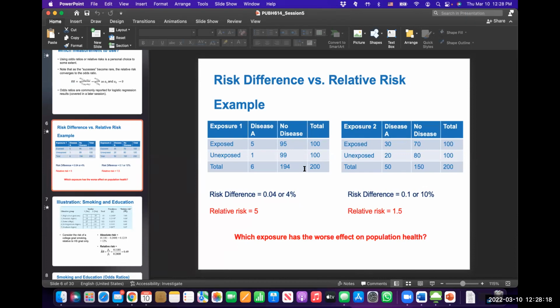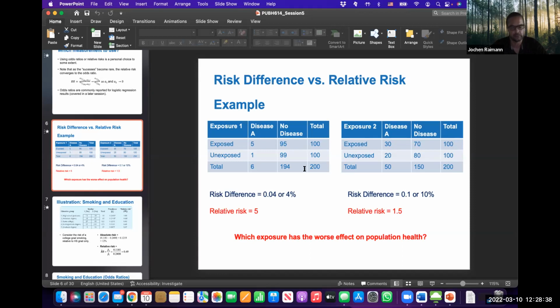And not the 1.5. So the greater the risk in terms of magnitude, the greater the effect, the adverse effect on population health. So if it's closer to 1, this risk is essentially less deviating, less different in magnitude from the unexposed group. So you got to look at it from that angle.